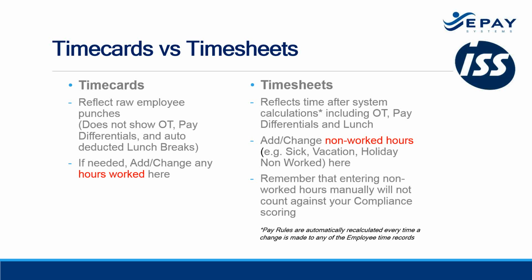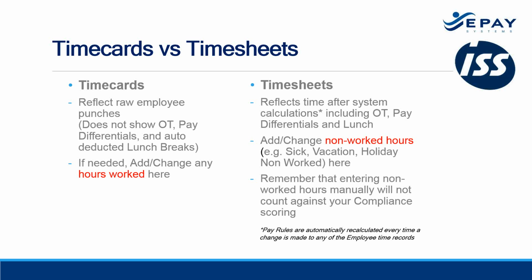So the raw punch total on the time card screen might equal 8.1 hours, but on the timesheet view it's going to show 8 hours possibly, because the timesheet shows the rounding rules applied as well. As I always tell everyone, the timesheet is more of a summary view, showing what the employee worked and what is intended to be paid at the end of the pay period.